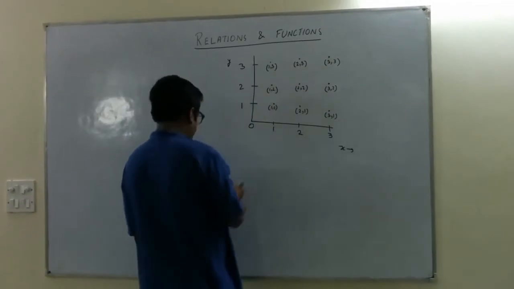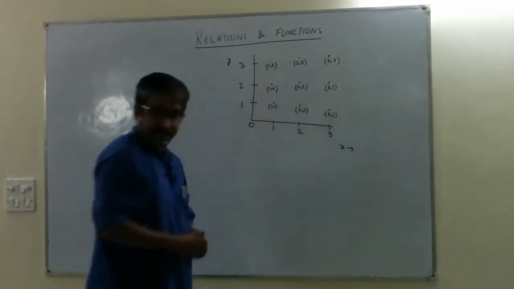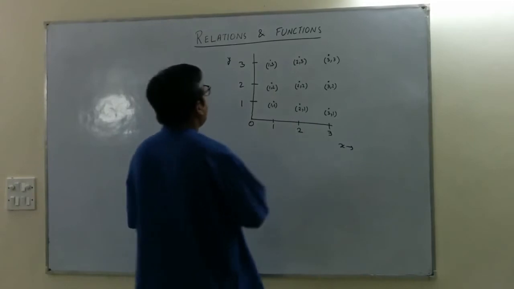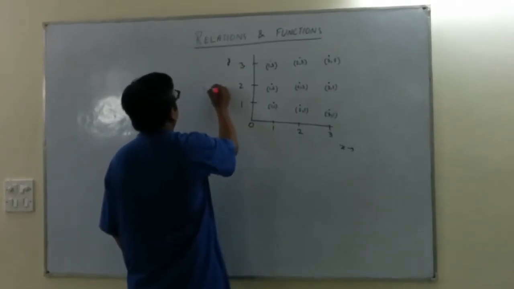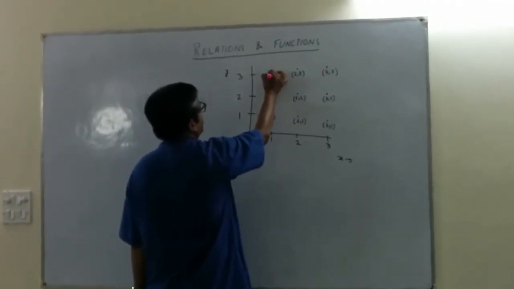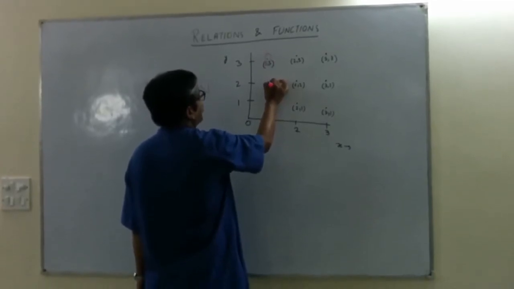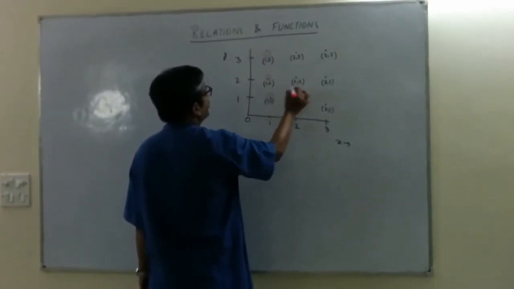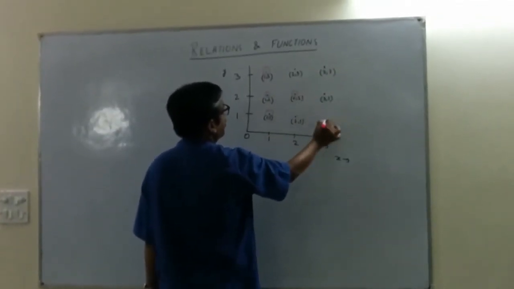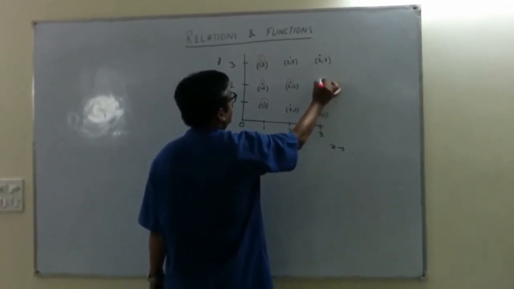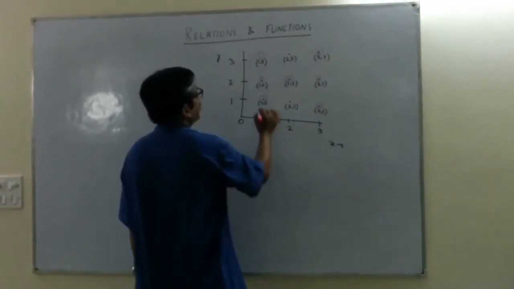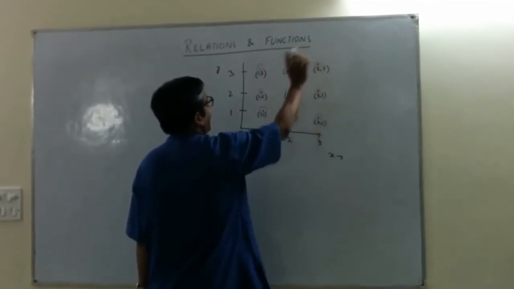I will take a pattern. I'll choose this point, this point, this point, this, and this. So you see, it forms a pattern n over here.